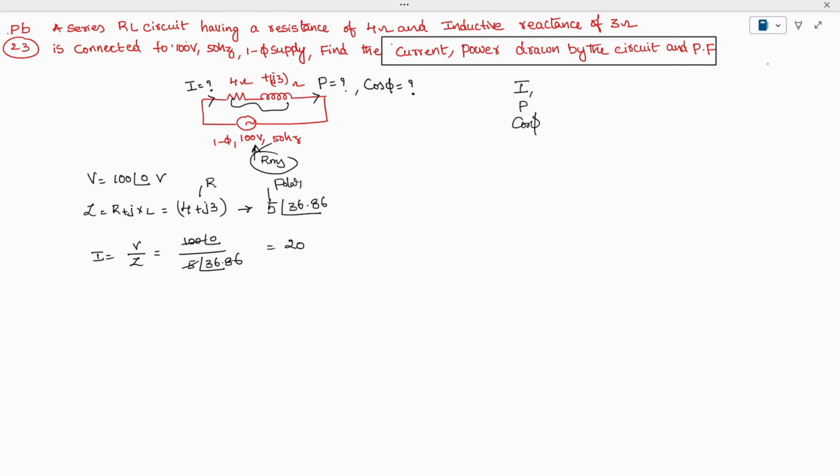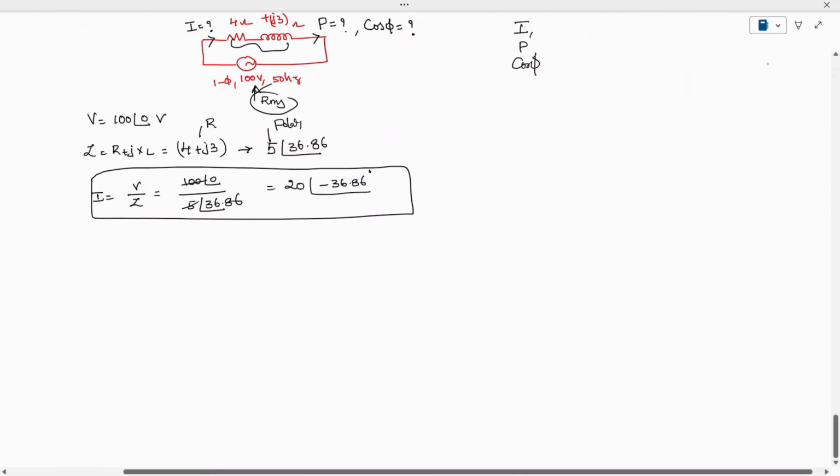This is positive. When it comes to the numerator, this is nothing but minus 36.86 degrees. This is the current value we are going to get. From here we have already found the current.